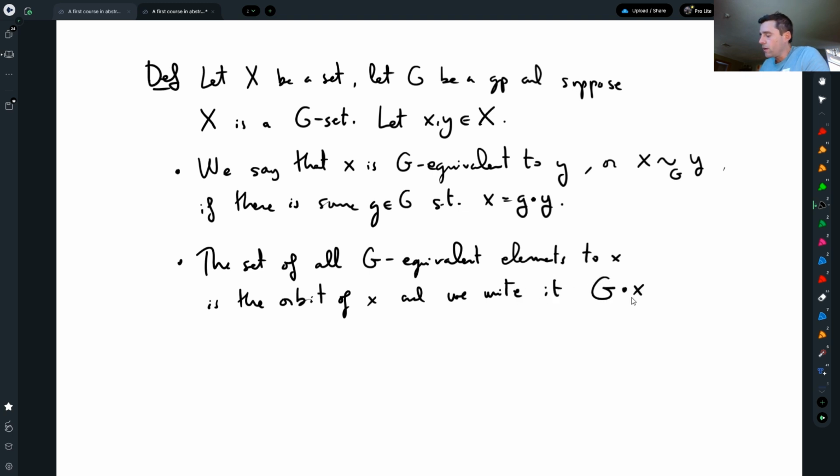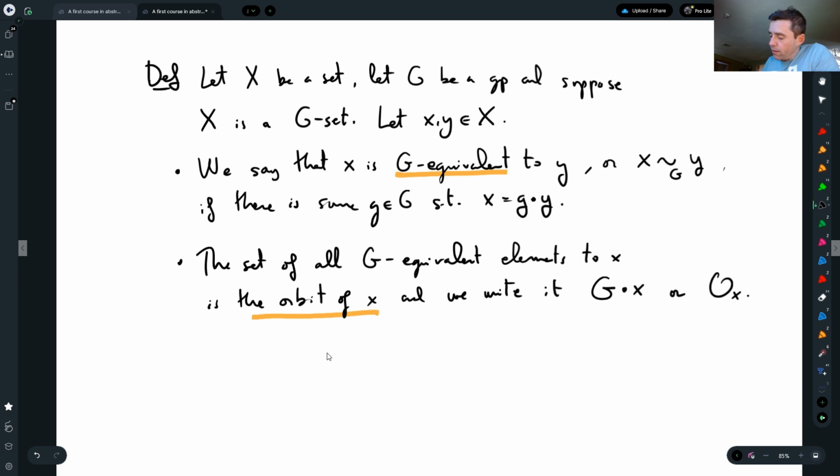That will be the entire orbit, or the orbit of x. So let me give you some examples of this. Here we've defined what it means to be G equivalent and what is the orbit of x. Again, the orbit of x will be all the elements that are G equivalent to x. So in fact, it will be everything of this form.